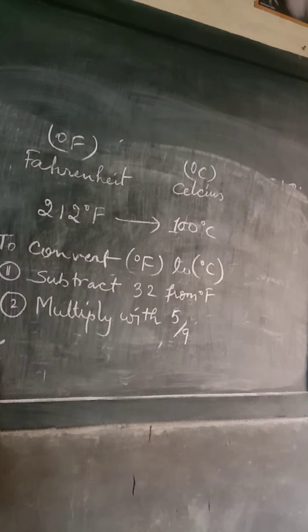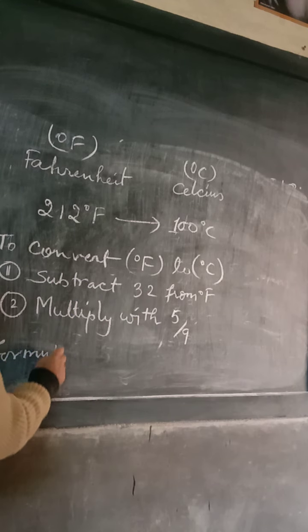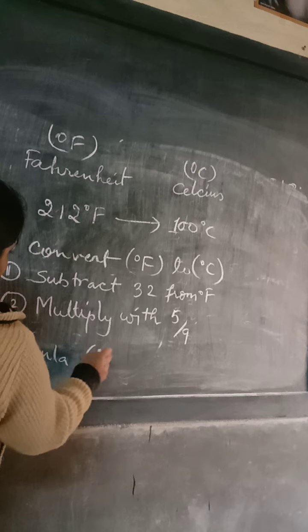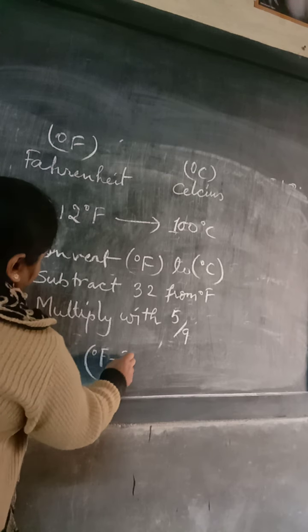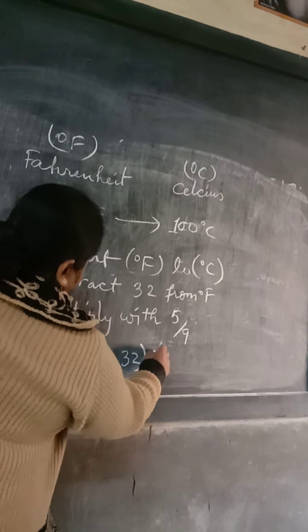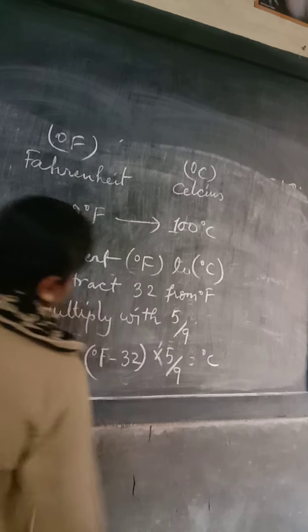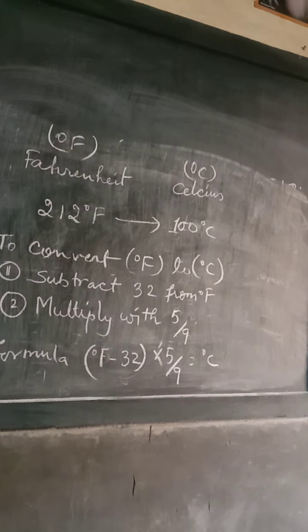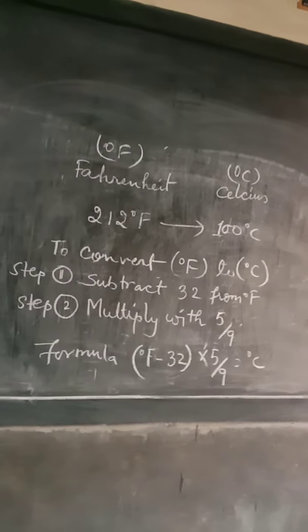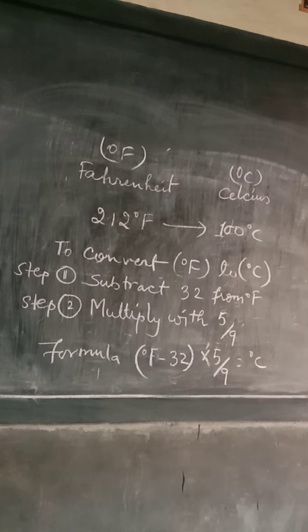Or the formula, if you want to learn it, is (degree F minus 32) in a bracket, times 5 by 9 is equal to degree Celsius. I will be showing you examples of this also. Don't worry, this is the way we can convert Fahrenheit to degree Celsius.